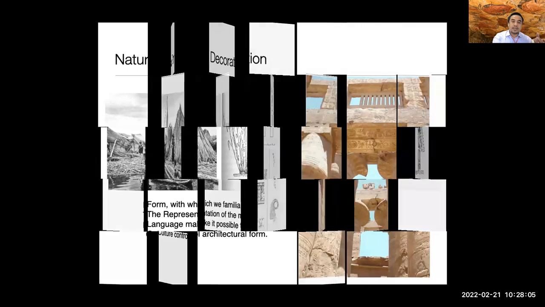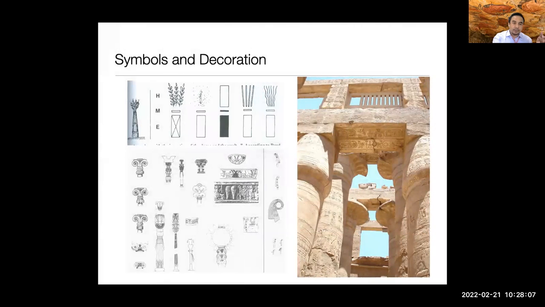There's also another example of humans using symbolic form in decoration, like this column in an Egyptian temple, right? You see the natural elements that they use in the style of the column. It comes from nature.